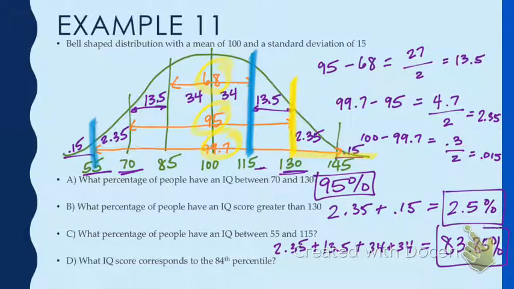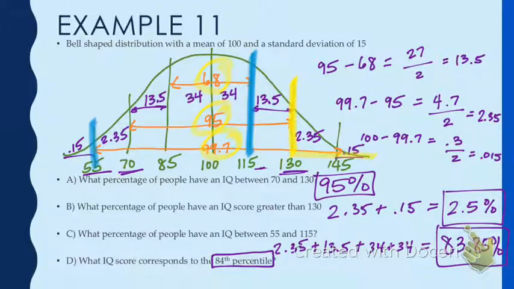I don't have this in your notes, but it shows up on your homework, and I do want to talk about it. I added in a question: what IQ score corresponds with the 84th percentile? What is the definition of percentile, if you remember from chapter 2? You scored higher than others. So if you're at the 84th percentile, you scored better than 84%, at or below the 84%.